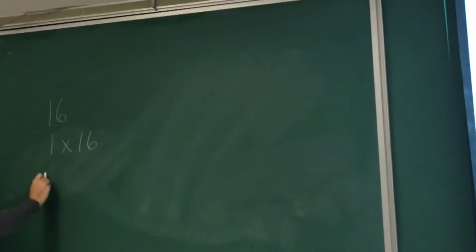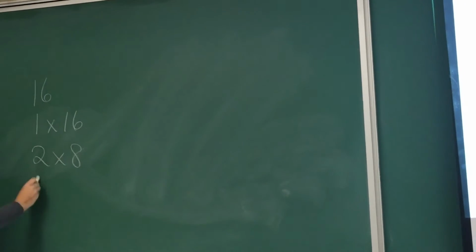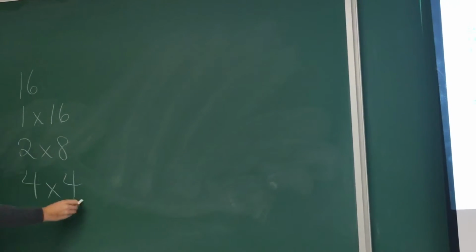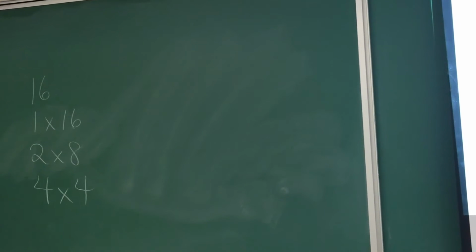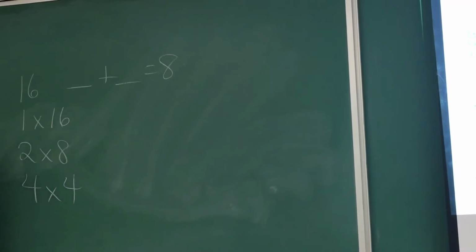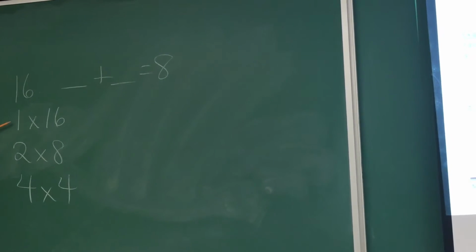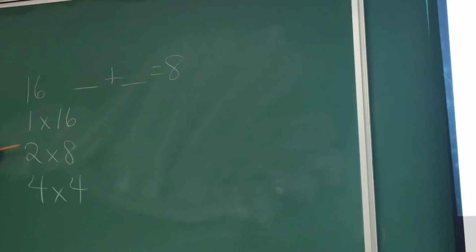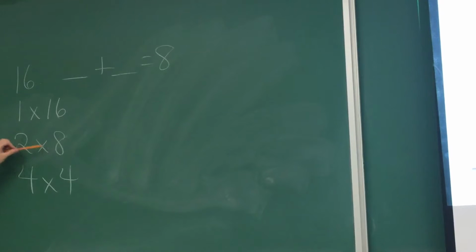Okay? So it is 4 and 4, but if we were looking at 16, we'd look at the factors of 16: 1 times 16, 2 times 8, and 4 times 4. And then we're asking ourselves, well, I need 2 numbers that are going to add to also give me 8. This is not going to get me anywhere near 8. Looking at this, you're like, oh, I see an 8.